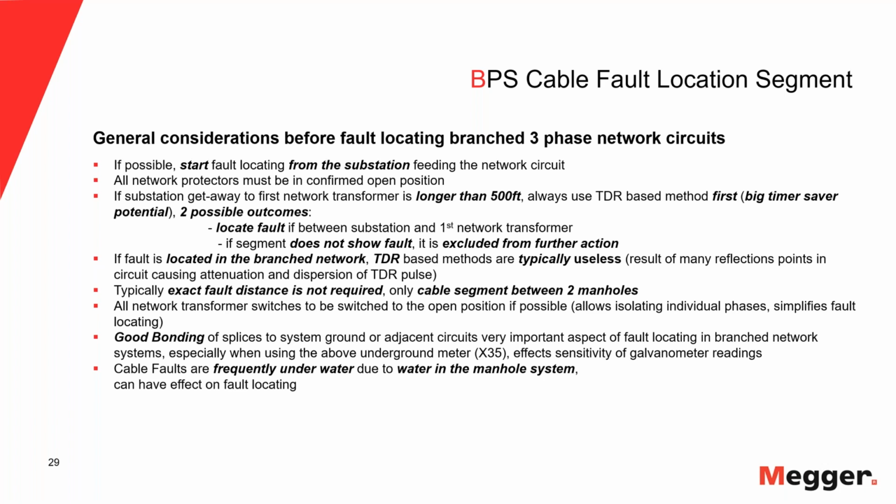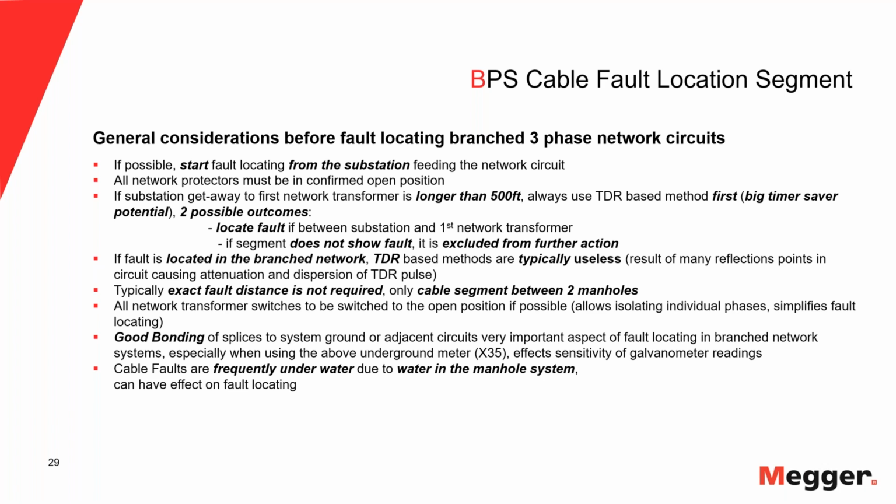So it makes sense to look at that section differently, because that is a true point-to-point fault locate. And so I can use the same methods that we just described on the industrial type circuits. And that's the benefit of using a TDR for that portion of the network.